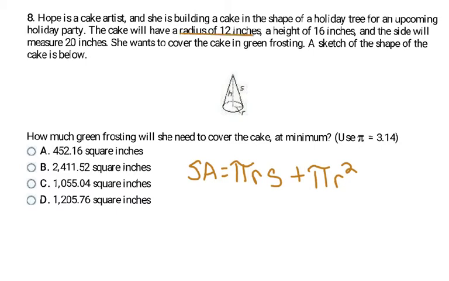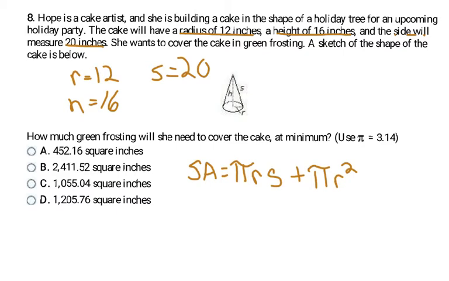And so here they tell us the radius is equal to 12. Here they tell us that our height is 16. And then they tell us also that the side height is 20 inches.